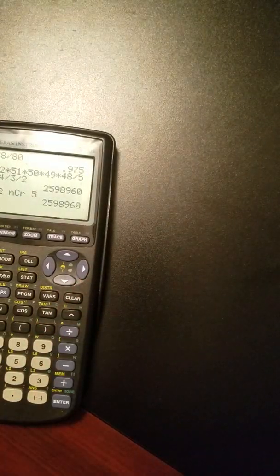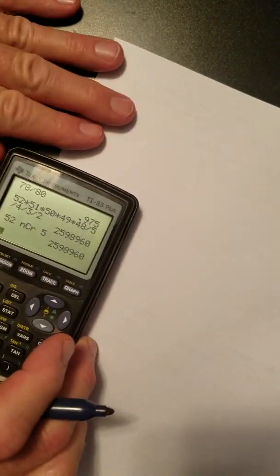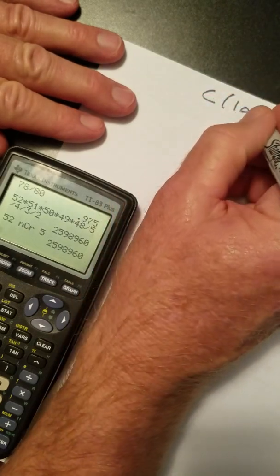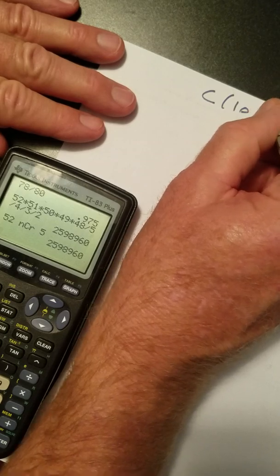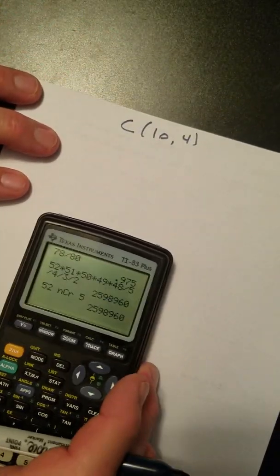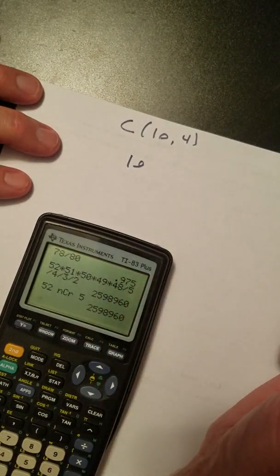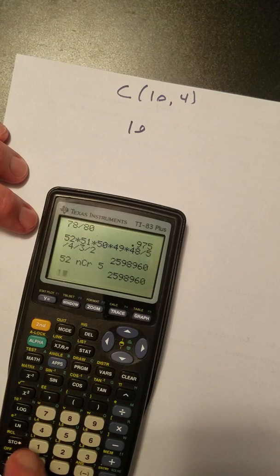Okay, so let's do a couple of these. If you got the TI 83 or 84 or 85, they're all done the same way. Let's just do an easy one. I want a combination of 10, let's just say 4 at a time. So we're going to put the 10 in first, and then I've got to find that combination key.